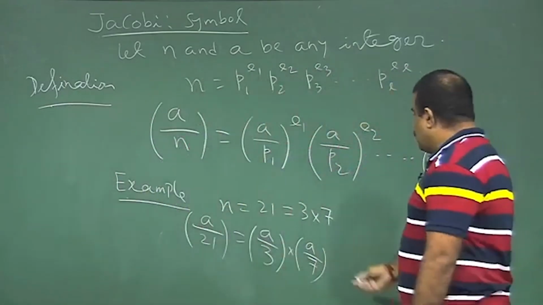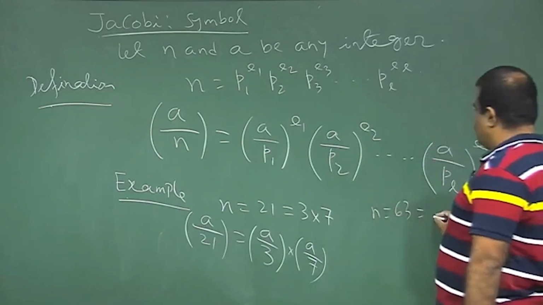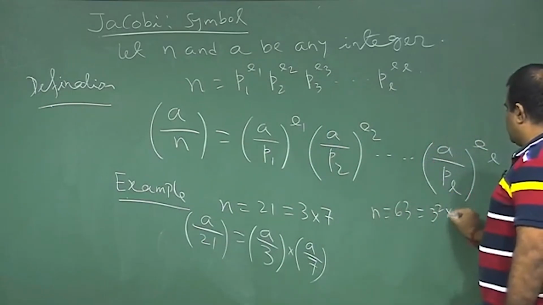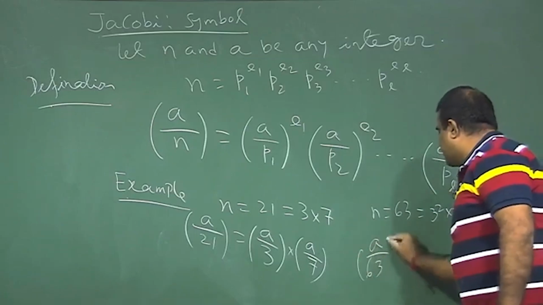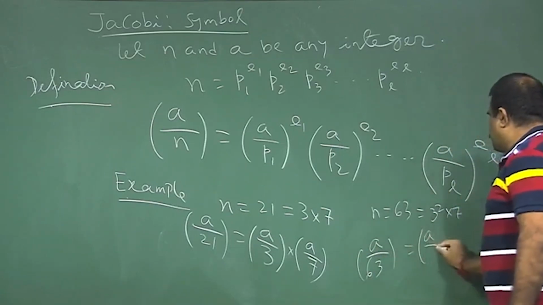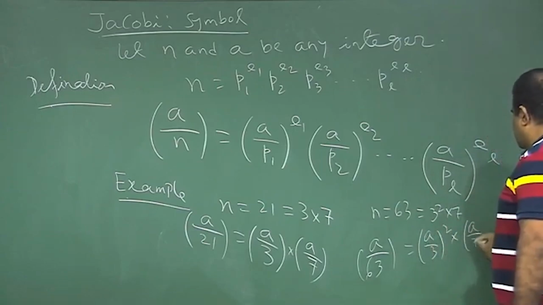Okay. Now if n is equal to say 63, this is basically 3 square into 7. So, a by 63 is defined as a by 3 square into a by 7.